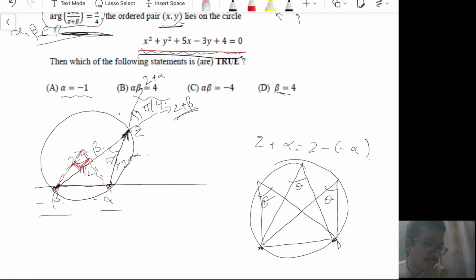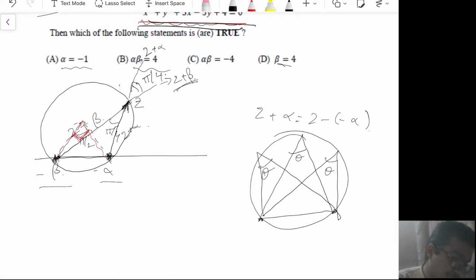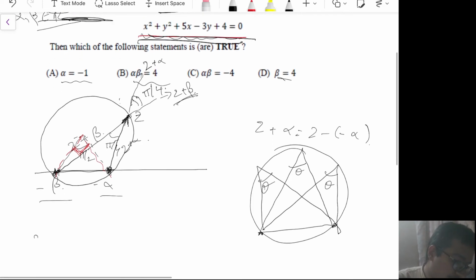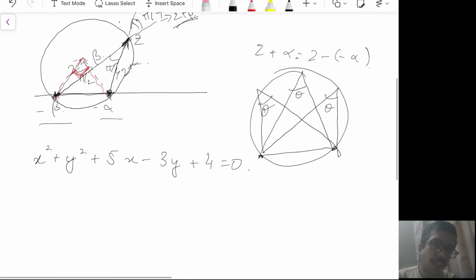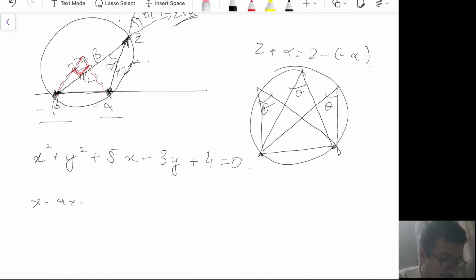So as expected, this is a circle, and now I'm asked to find the possible values of alpha and beta, what conditions they satisfy from this equation of circle. If I already know the equation of a circle, then minus alpha and minus beta are the points which are cut when the circle intersects the x-axis. So let us see what happens. The circle we are given is x square plus y square plus 5x minus 3y plus 4 equals 0, and the equation of the x-axis is y equals 0.